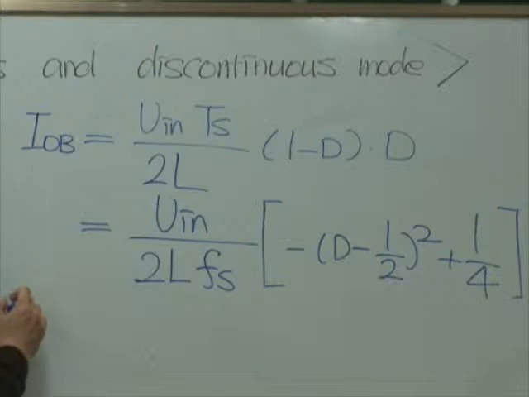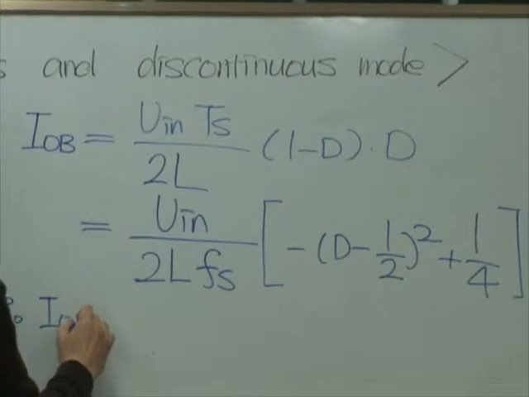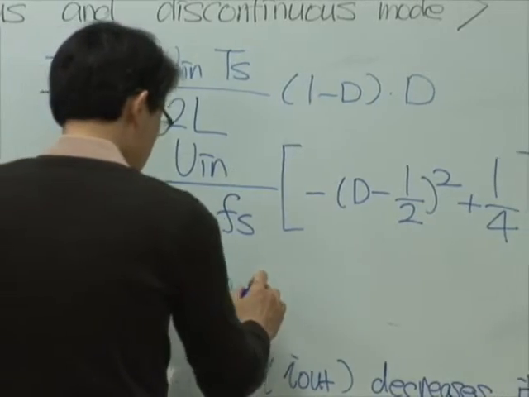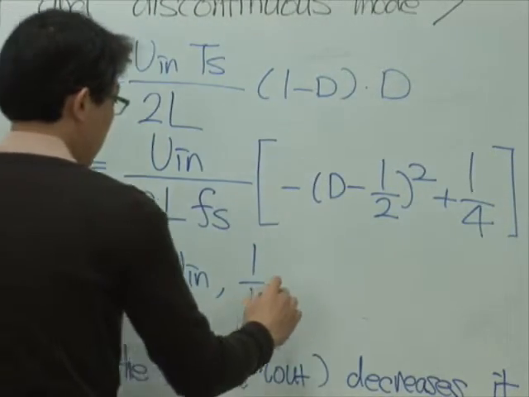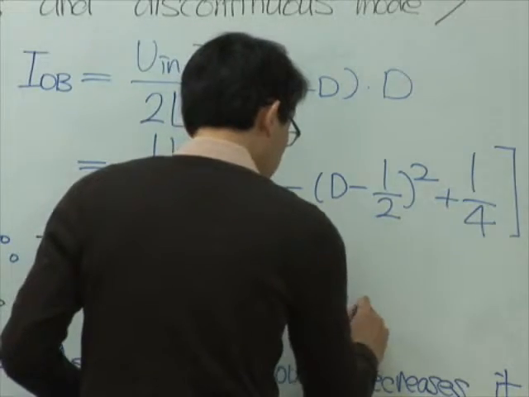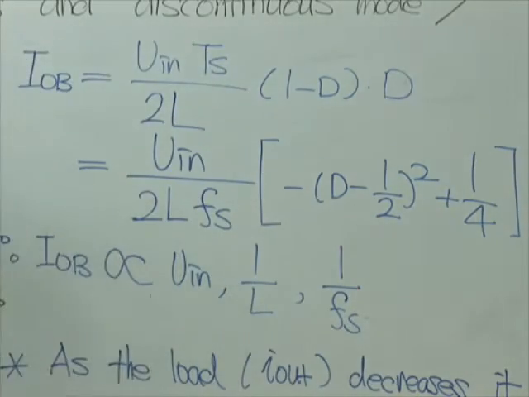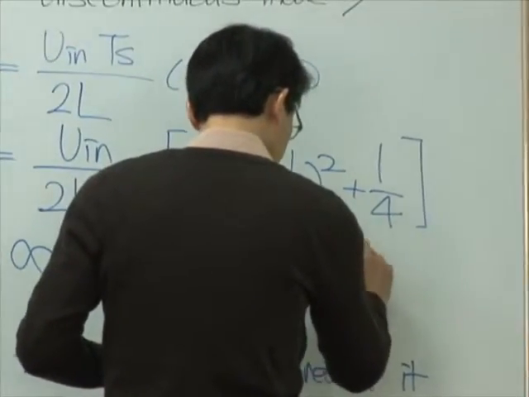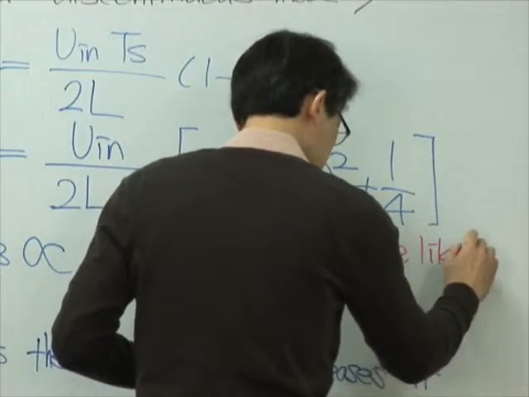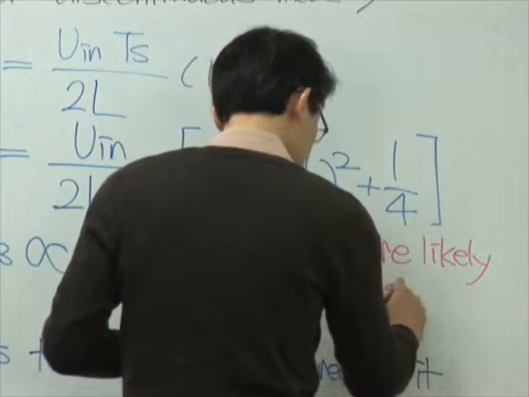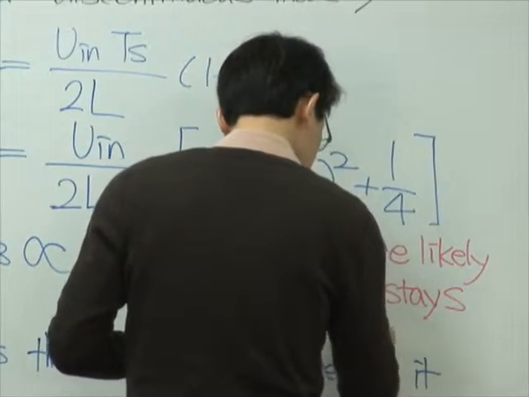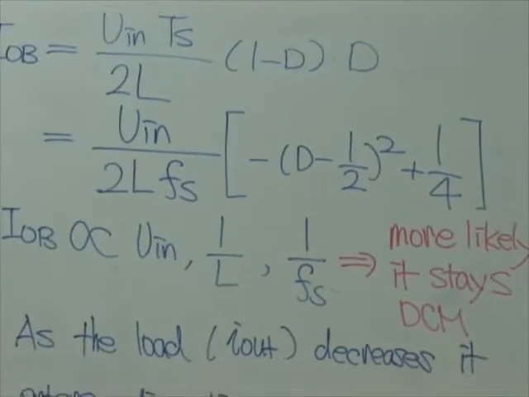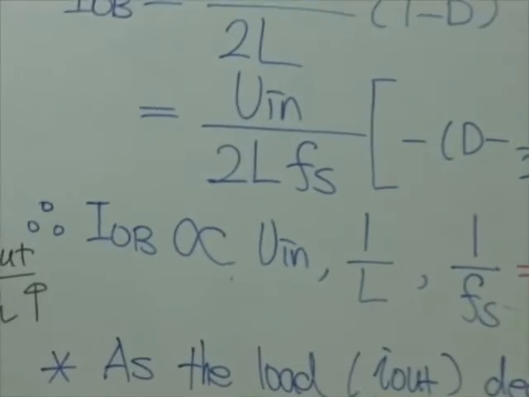So IOB is proportional to input voltage, inversely proportional to inductance and inversely proportional to switching frequency. So here is the result.